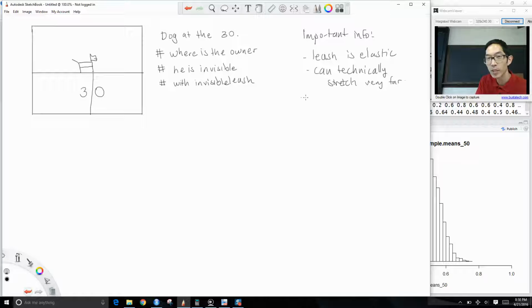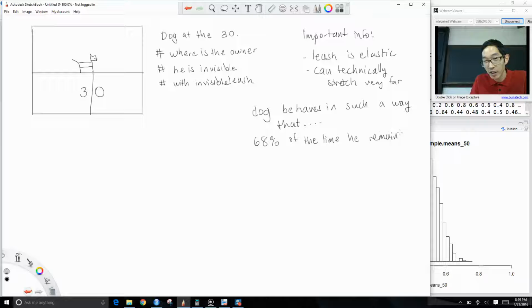Okay, but the dog doesn't like to get choked, okay? So most of the time, but the dog behaves in such a way that 68% of the time he remains within 1 yard of the owner.